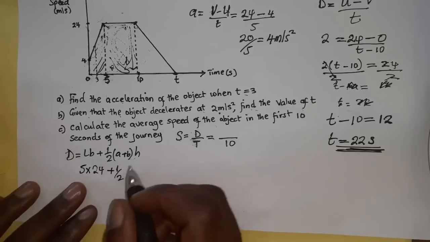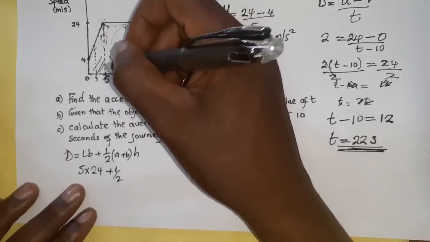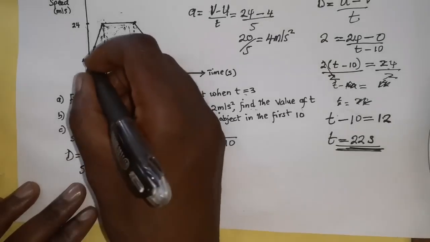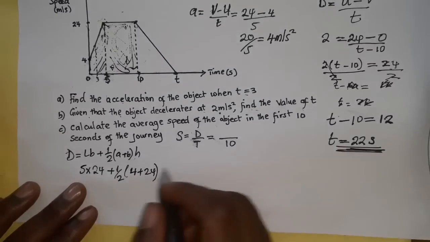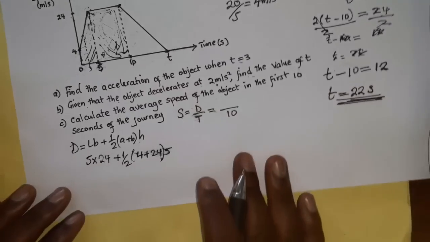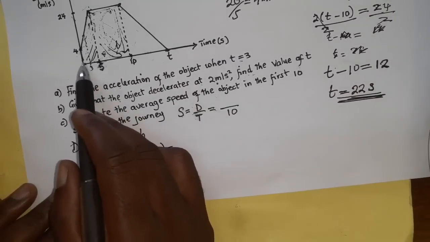Then here we have 1 over 2. Remember, the parallel sides are the ones that are A and B. So you have 4 plus 24. Then this side is 5, which is the height.